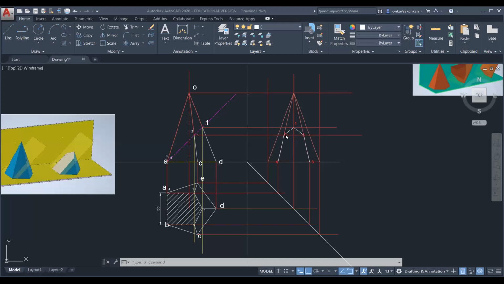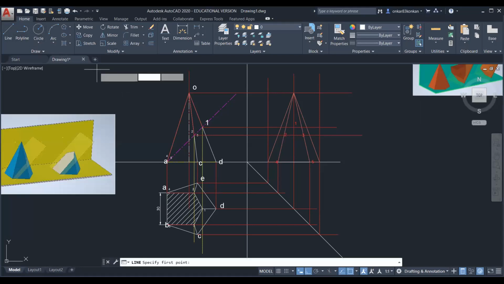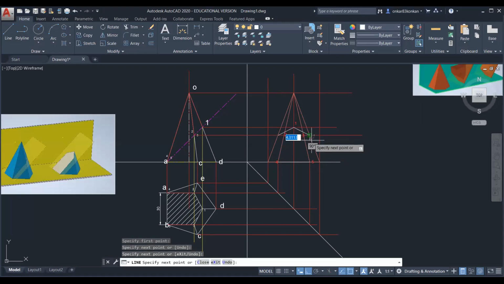Just make one change. This 2 and 3 will be on this slant edge. So this is point 2 and this is point 3.